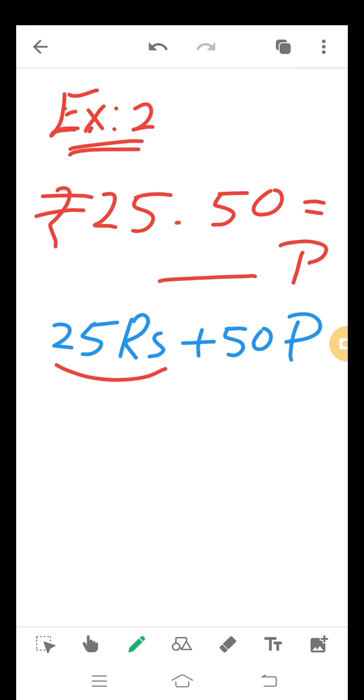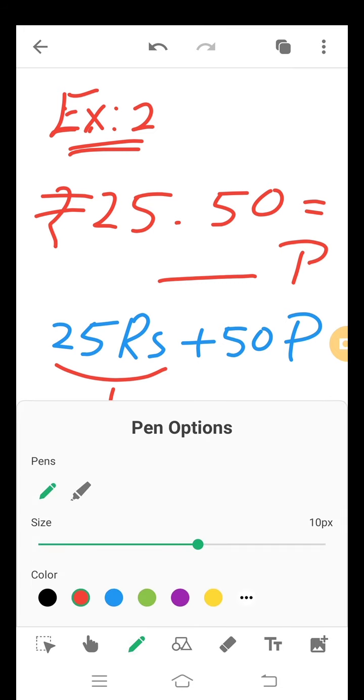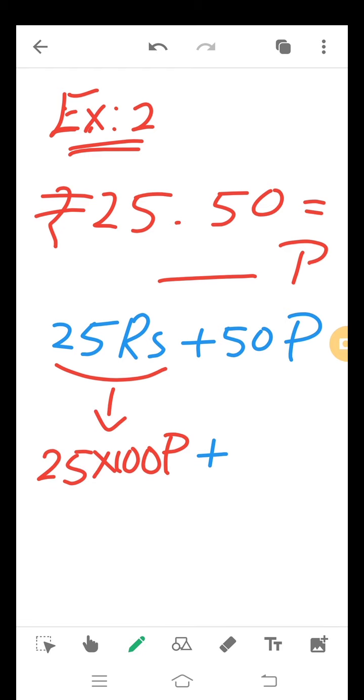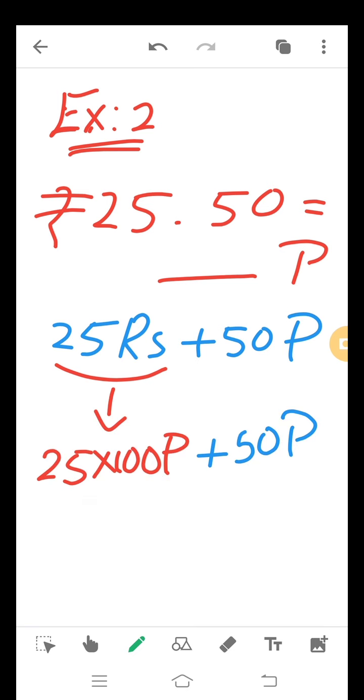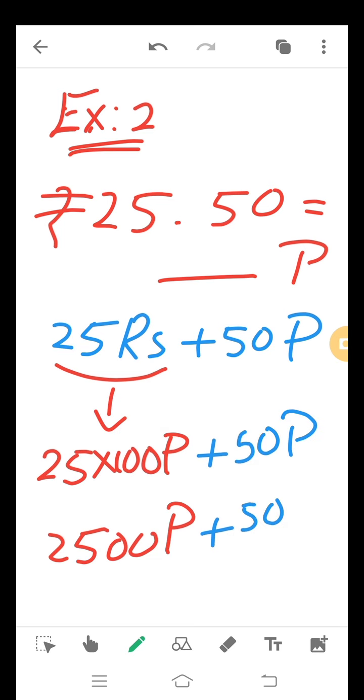So 25 rupees means how many paise? 25 into 100 paise plus 50 paise. Just keep it like that; don't disturb the 50 paise. Now 25 into 100 paise equals 2500 paise. So 2500 paise plus 50 paise.